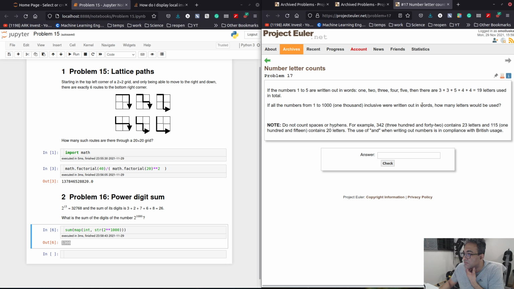Okay, if you say so. So if all the numbers from 1 to 1000 inclusive were written out in words, how many letters would be used?